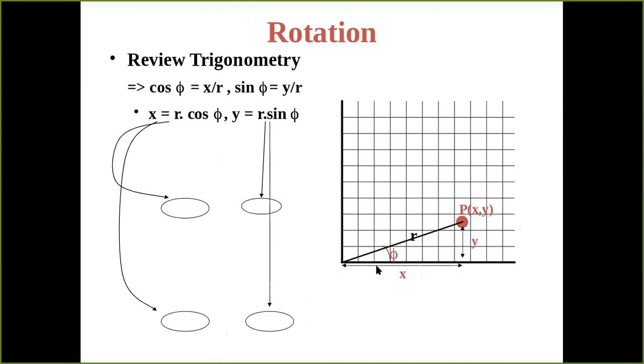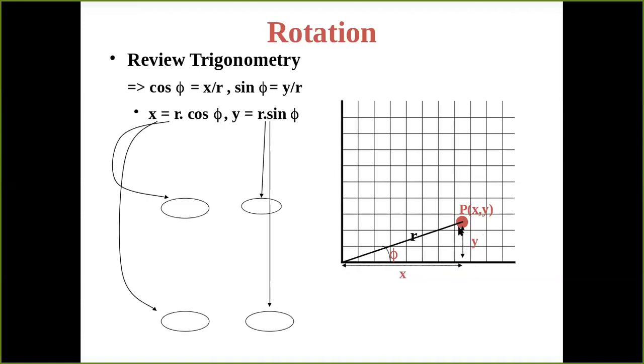You have a triangle: the origin, this point, and the perpendicular on the x-axis. With angle phi you can easily calculate y and x. It is a perpendicular and a base, this is y and this is x.